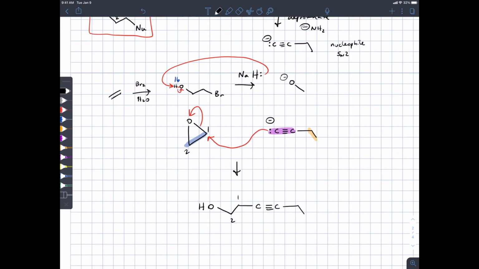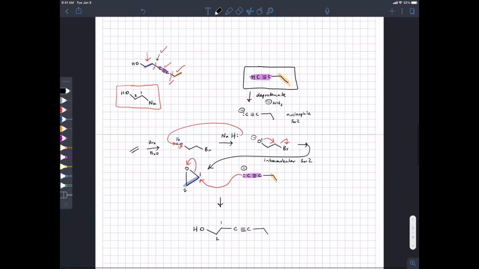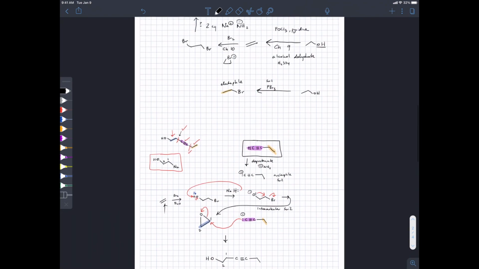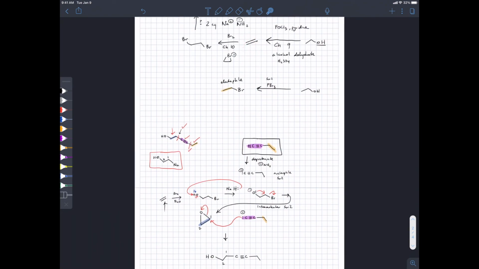The resulting negatively charged oxygen is then a great nucleophile for a super fast SN2 reaction that happens in an intramolecular fashion to give you the epoxide. And we don't need to describe how to make that alkene again because we already did that up here.